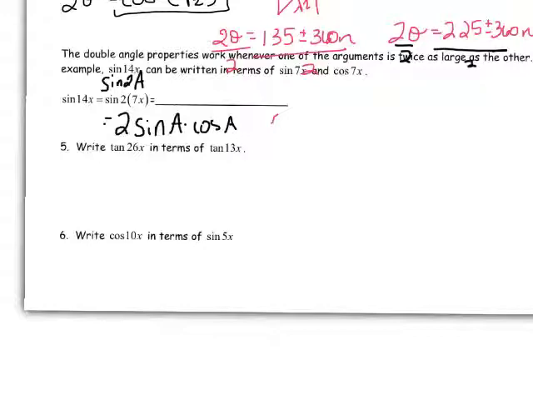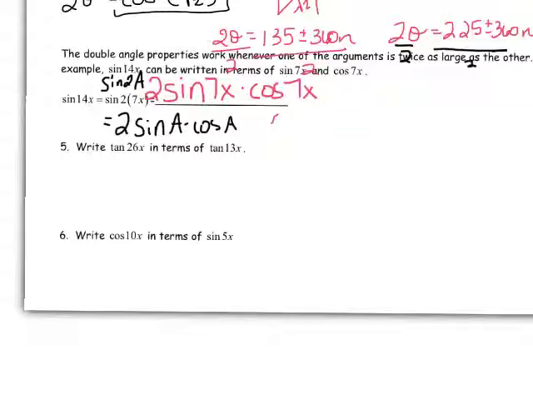I'm just writing out what the identity is. So I'm going to rewrite my problem as 2 sine 7x times cosine 7x.